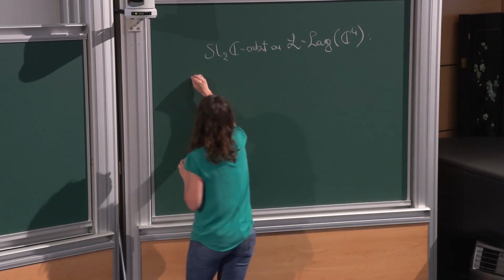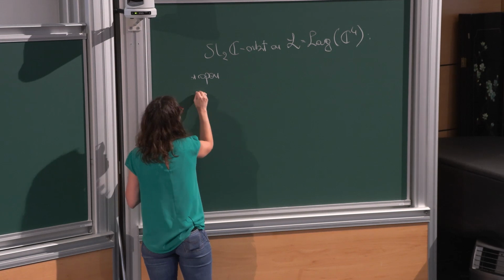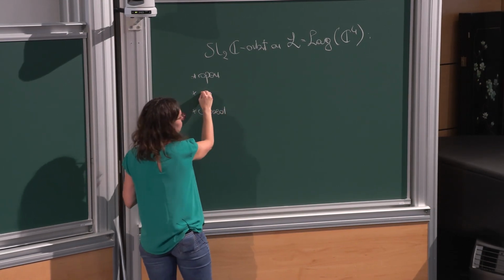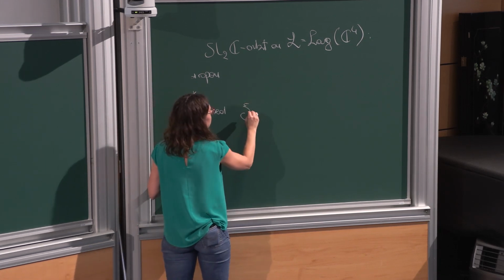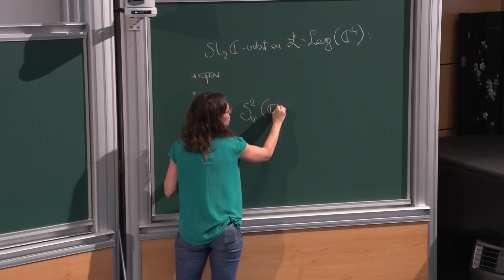So what do we have? We have an open orbit. We have a closed orbit, and we have an orbit that is not open nor closed. So the closed orbit is C2C of CP1.